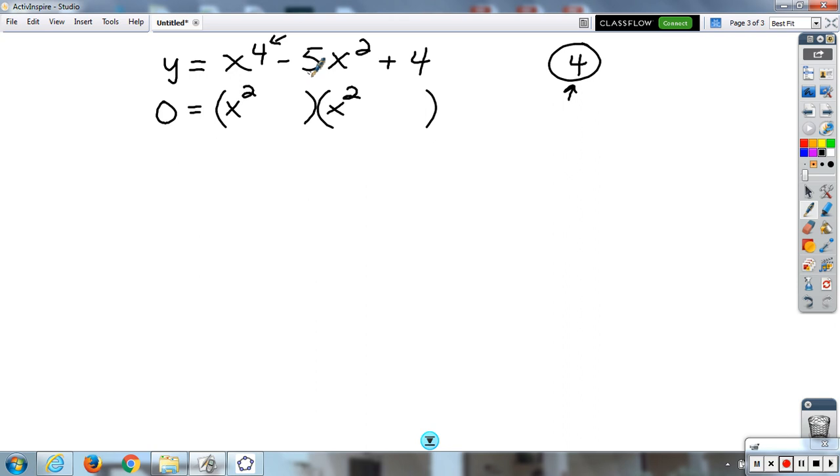But to add up to get us -5, it would have to be -4 and -1. Now each of these separately will give us roots, specifically 2 roots each.